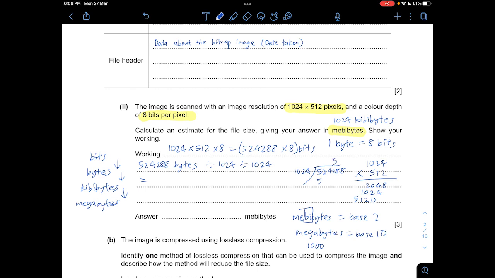5 will be 5120, and then 14. This will be 1228.